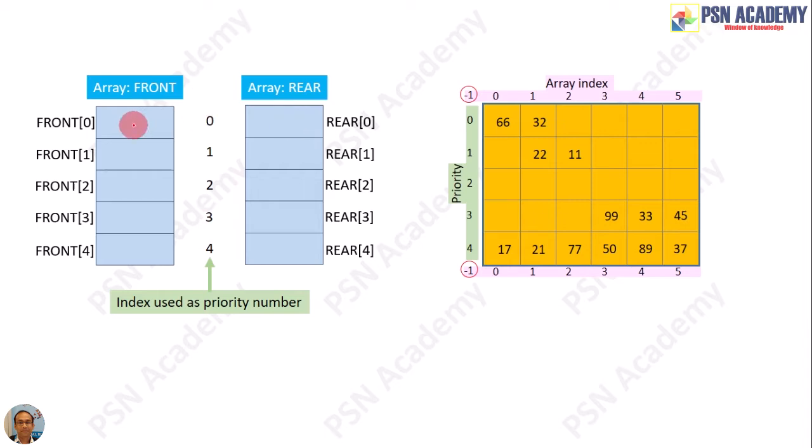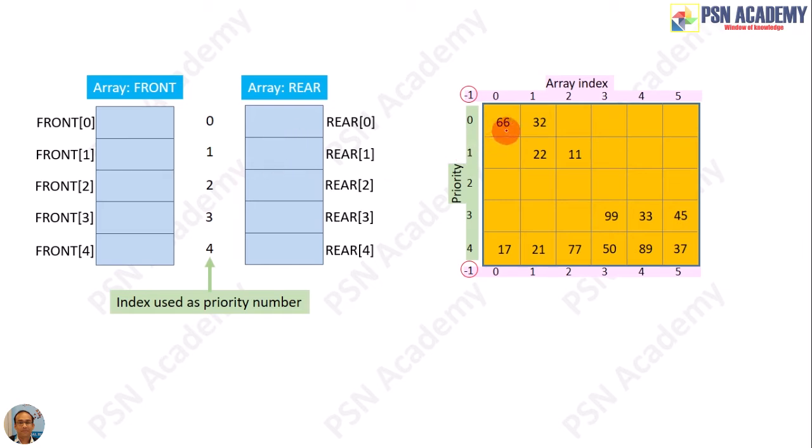For priority 0, front 0 will carry the index of the first element of the items with priority 0. Rear 0 will carry the index of the last element with priority 0. Similarly, front 1 will carry the index of the first element with priority 1 and rear 1 will carry the index of the last element with priority 1.